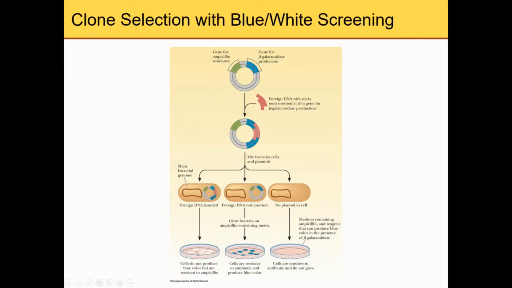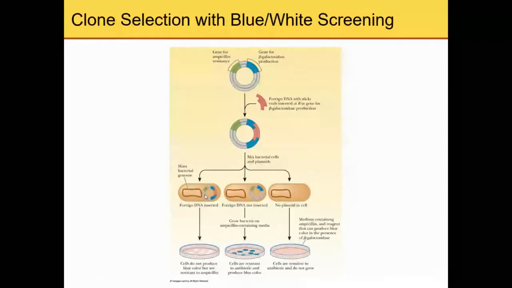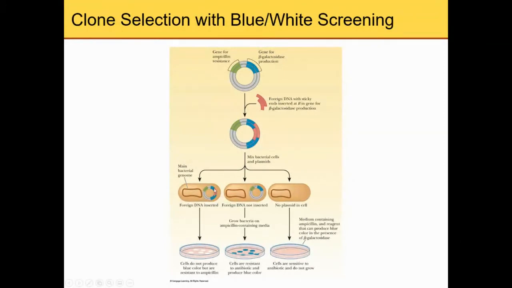But for this one, you see the white colony, and this indicates that the cell is a recombinant cell, and the recombinant cell has the disrupted LacZ, so that's why the colony is white here. But this plasmid has the ampicillin resistance gene, so they will be able to survive in the presence of ampicillin.